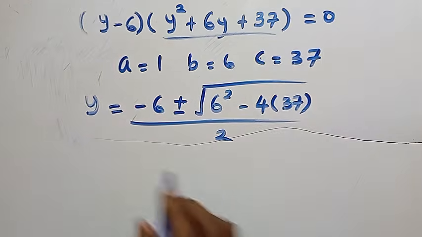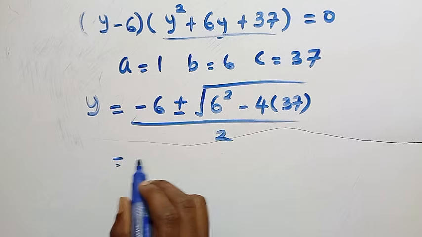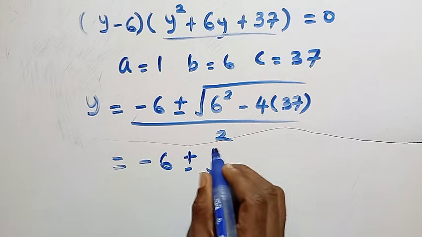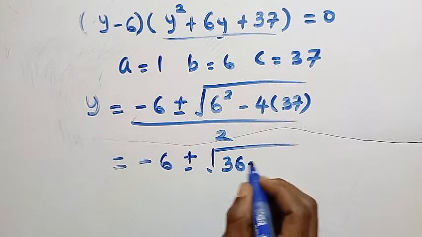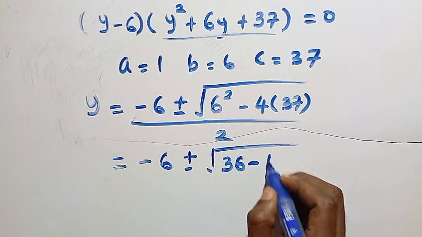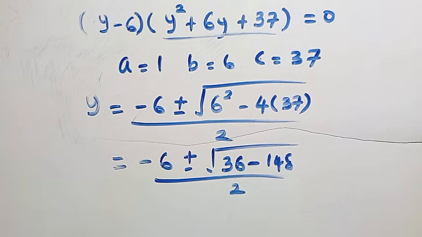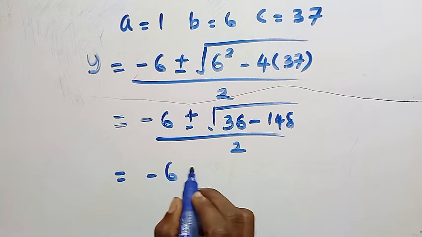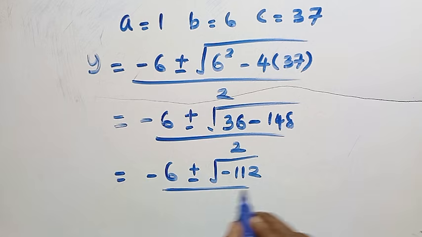We have minus 6 plus or minus the square root of 36 minus 148, that is, 4 times 37 gives 148, divided by 2. Next, we have minus 6 plus or minus the square root of minus 112 divided by 2.